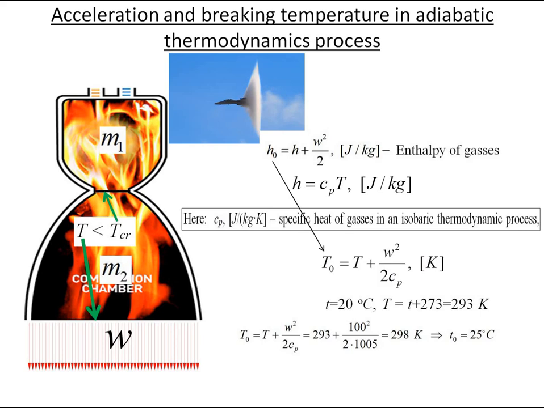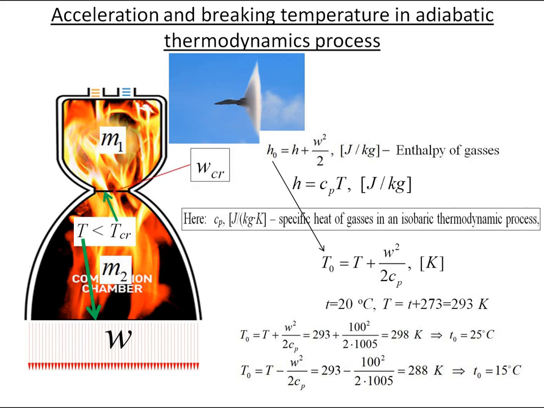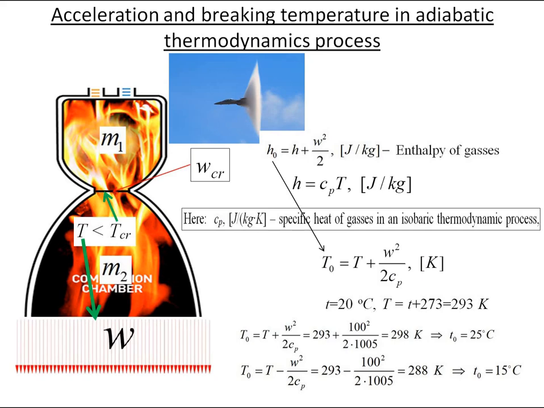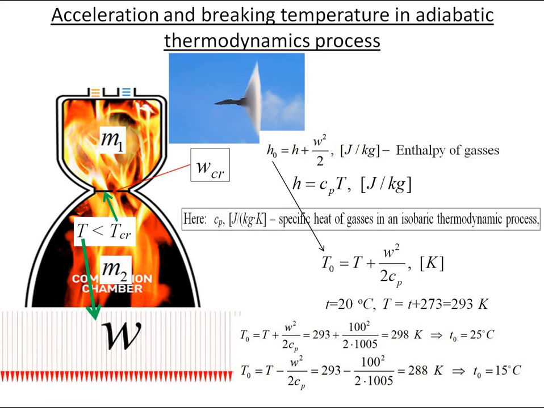The opposite is true if we have gases in a stagnant state, 0 meters per second, and we accelerate them to a velocity of 100 meters per second: the temperature will drop by the same 5 degrees Celsius. That is our goal, to accelerate burning fuel gases in the Laval nozzle from critical velocity to W as fast as possible, but without changing the fuel consumption rate of the rocket engine.